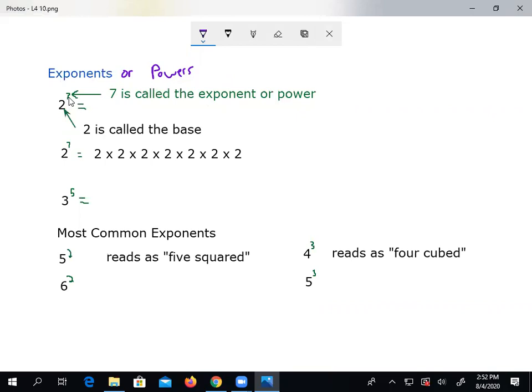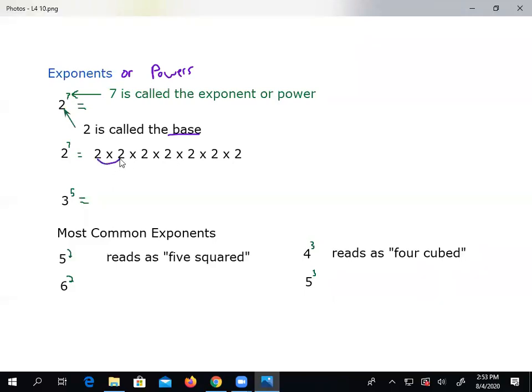So the raised number, the little small number, the 7 is called the exponent. The 2 is referred to as the base. Now, what this math means is that 7 means to write down the 2 7 times, and we multiply those all together. So it's 2 times 2 times 2 times 2 times 2 times 2 times 2. So we have to write down 7 2s.